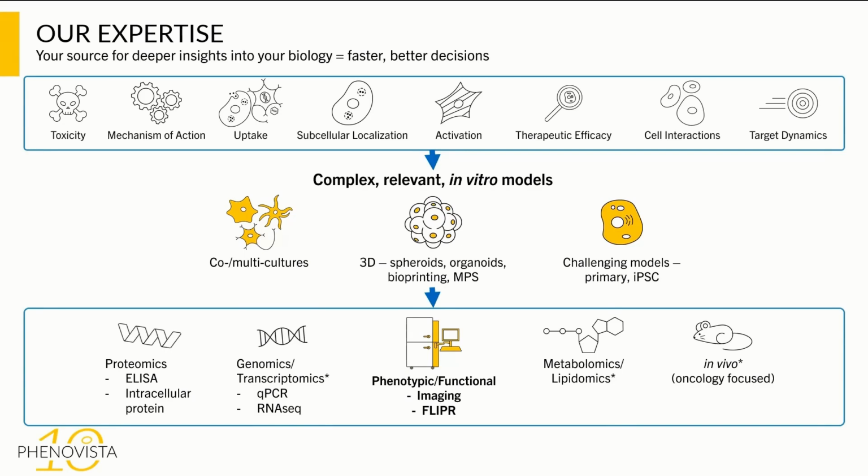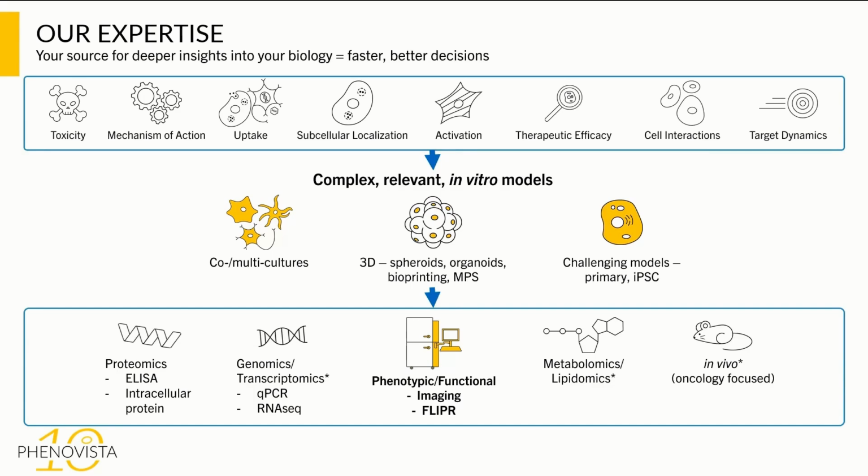And we take these questions and we work with them and dig through literature and use our own expertise and experience to develop in vitro models with different types of cells in different formats to create a system that is tailor-made to answer those questions for our clients. And this can encompass 2D models, 3D models, spheroids, organoids.